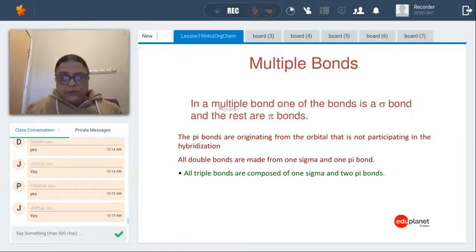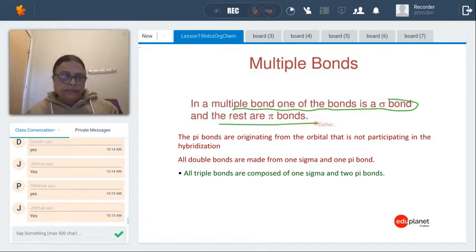So for multiple bonds, one of the bonds is sigma and the rest are pi. That means also that a triple bond will have 1 sigma and 2 pi. Why is that? Let's see.